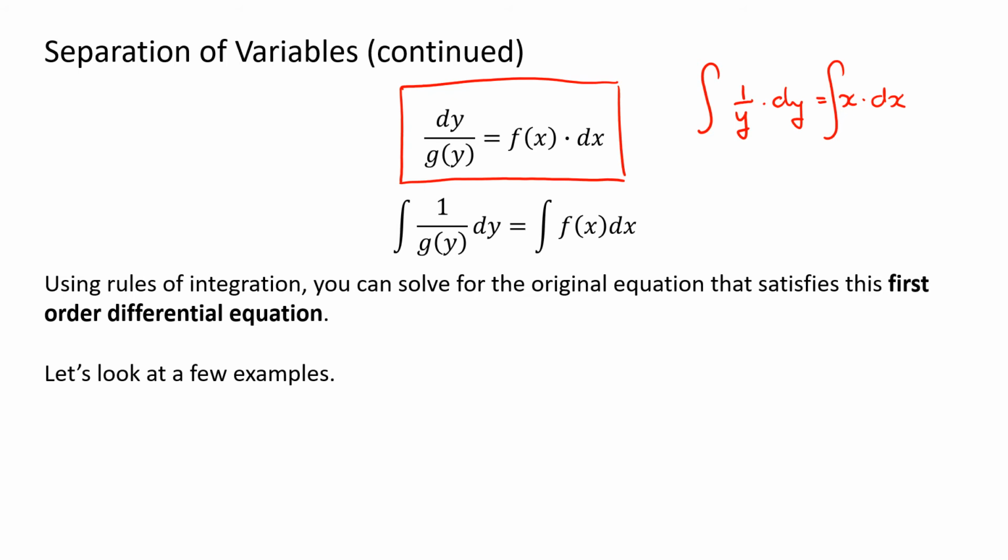In our example, the integral of 1 over y times dy would be the ln of y, and that would be equal to the integral of x, which is 1/2 x squared. So our derivative terms are now gone, and we just have functions of y and x. This method is what we use to solve first order differential equations.